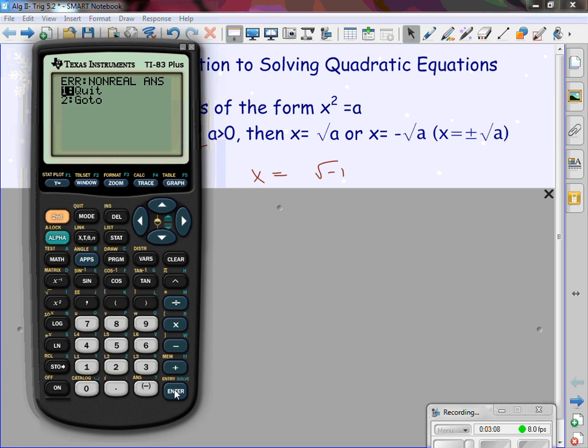I can't take any number and multiply it to get a negative 1. For example, what's the square root of 25? 5. But the square root of negative 25, I can't take the square root of a negative number, because negative 5 times negative 5 gets me a positive 25. I can't get two of the same numbers and multiply to get a negative.